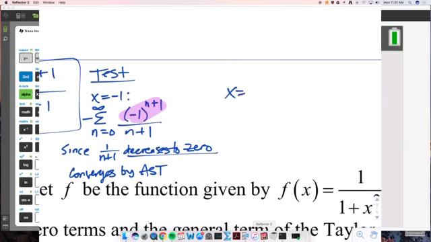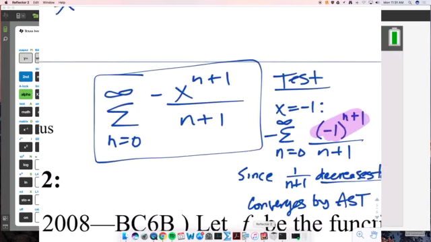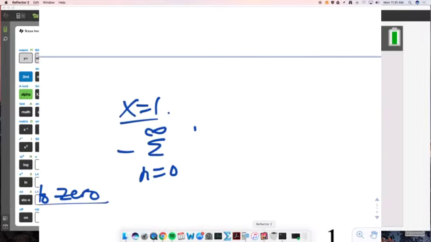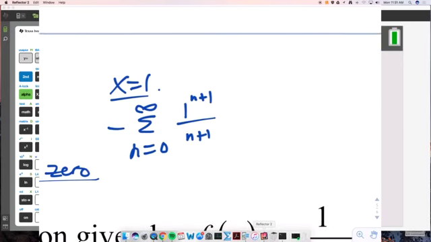And if we test x equals +1, I'm going to pull the negative out front again, sigma n equals 0 to infinity, you get 1 to the n plus 1, all over n plus 1. Well, what's 1 to the n plus 1? It's just 1.